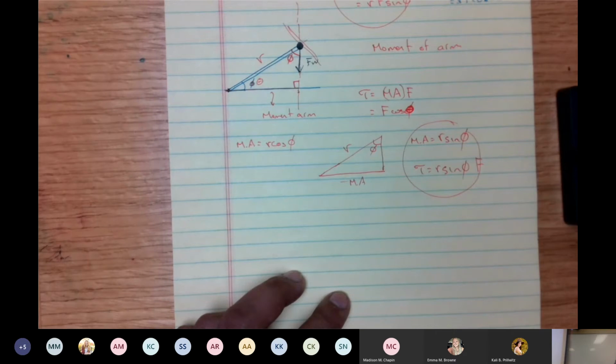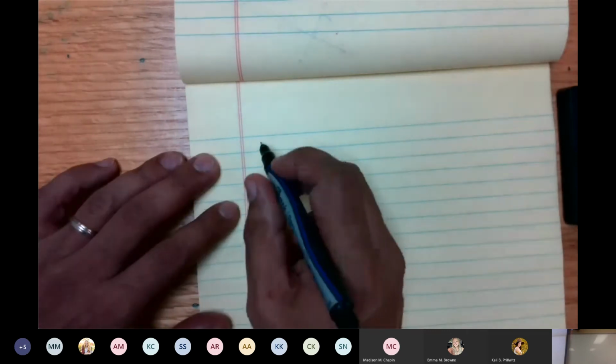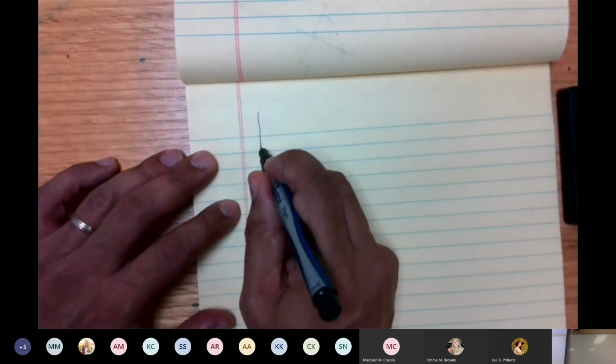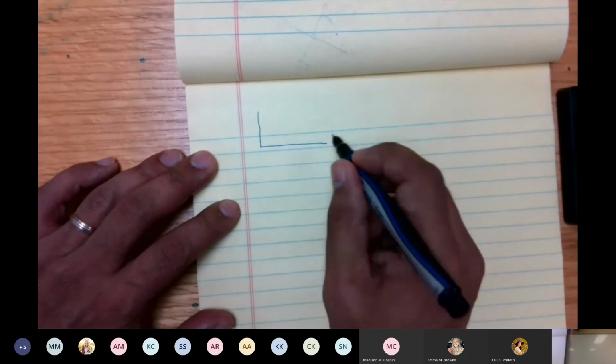So let's do a couple of problems to see if it starts making more sense. Again, I'm going to have my arm. I'm going to ignore the mass of the arm.